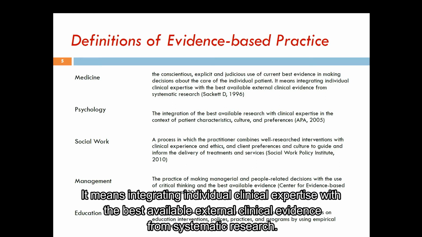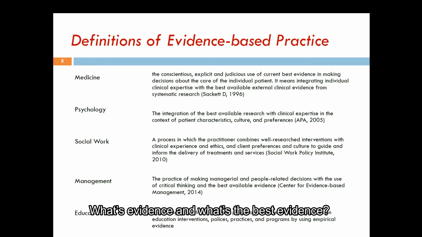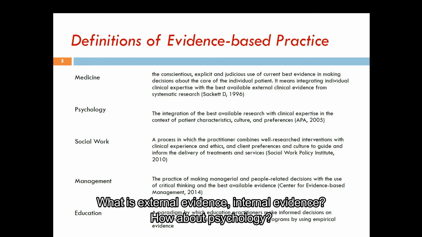It means integrating individual clinical experience with the best available external clinical evidence from systematic research. Today we are going to go into each word of these definitions. What is evidence, and what is the best evidence? What is external evidence, and what is internal evidence?